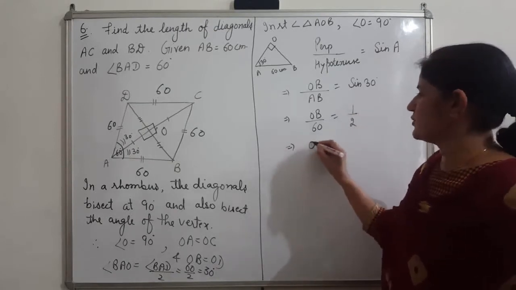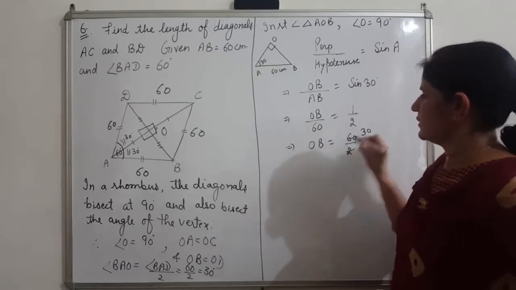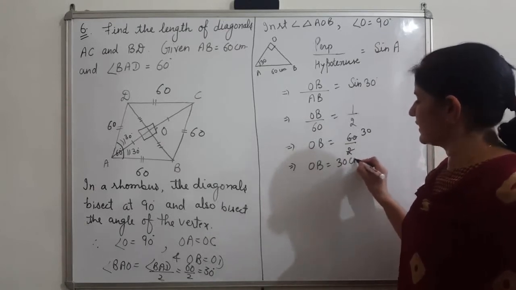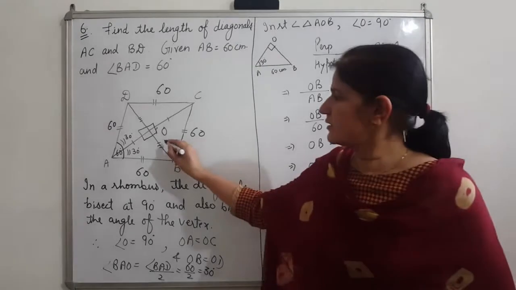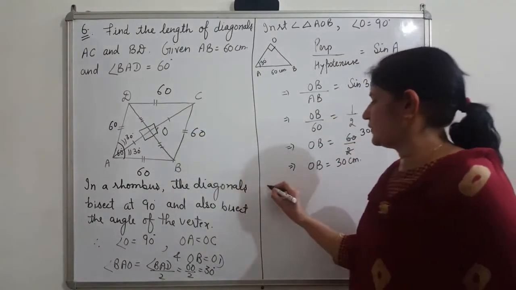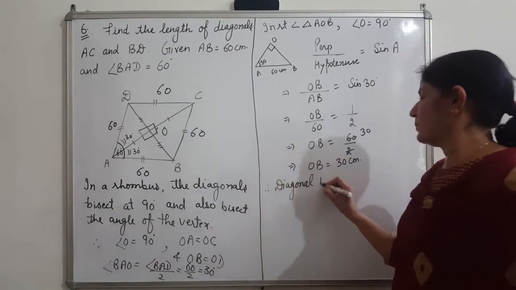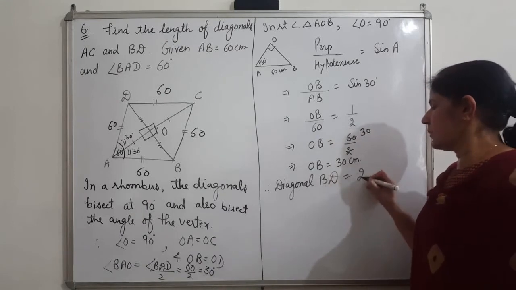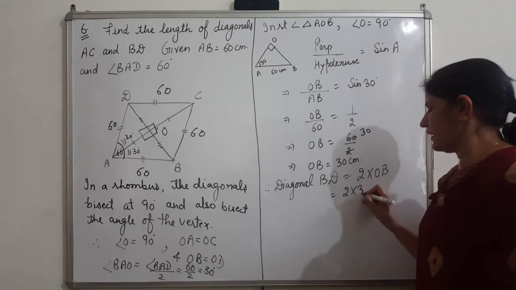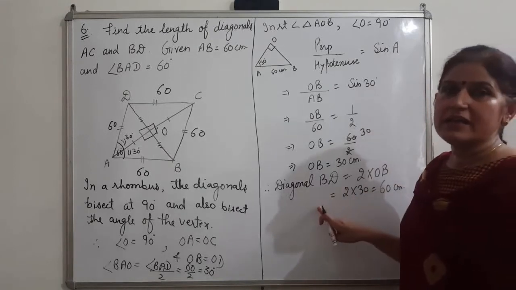Cross multiplication, OB is equal to 60 over 2. That means OB equals 30 centimeter. What is BD? BD is double of OB. Therefore, diagonal BD equals double of OB. That means 2 into 30, 60 centimeter. So one diagonal is found.